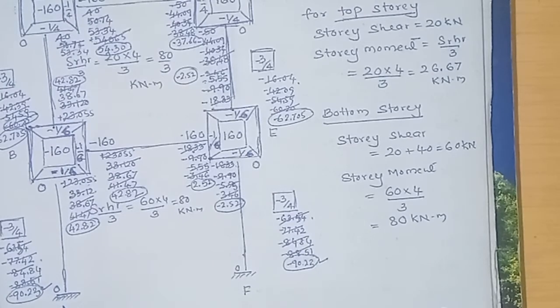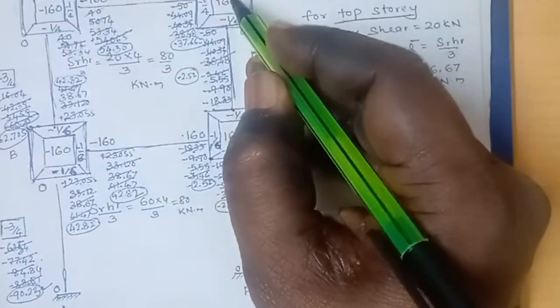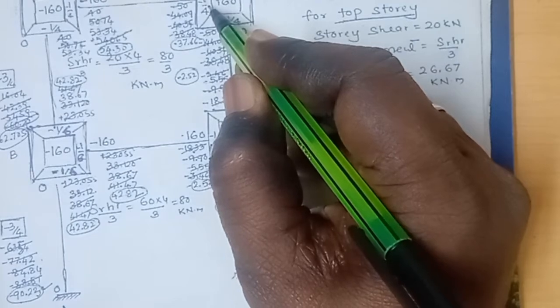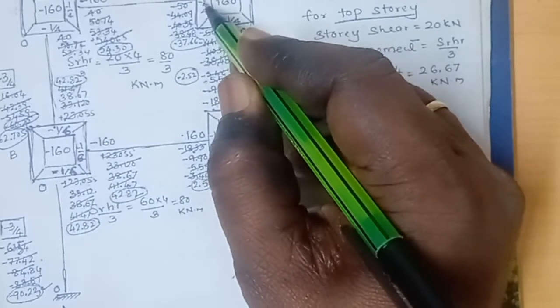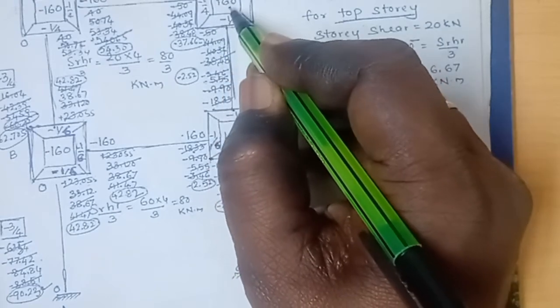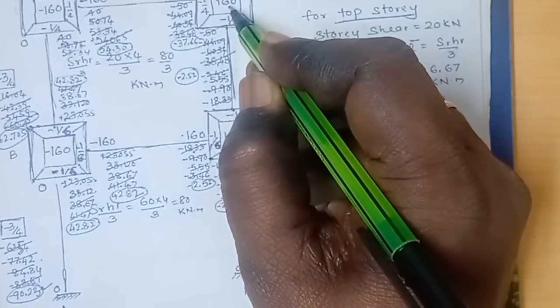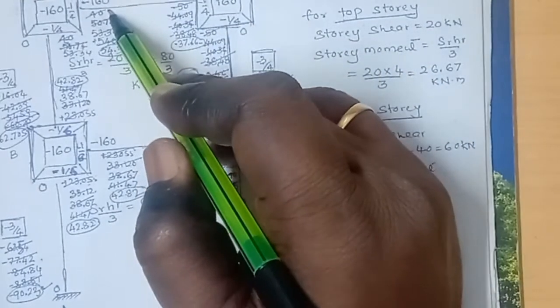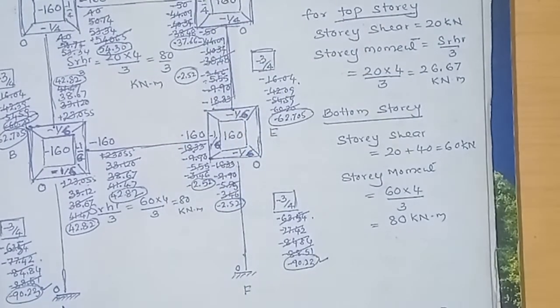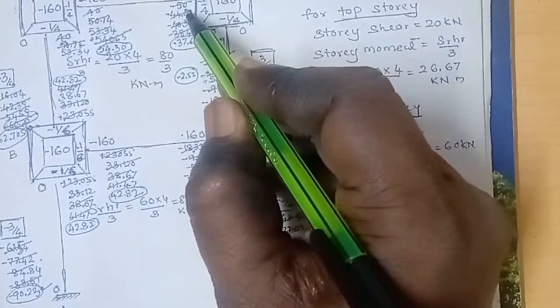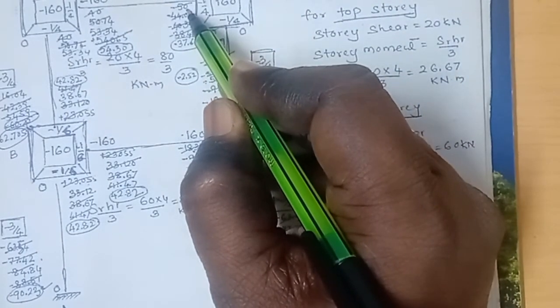M dash DC, go to the next joint. The rotational factor is minus 1 by 4, fixed end moment is 160. Far end contribution, that is 40. Just now we have calculated 160 plus 40, 200 divided by minus 4, that is minus 50 kilonewton meter, that we have to write here.